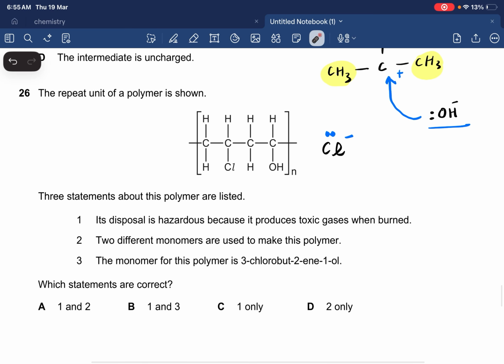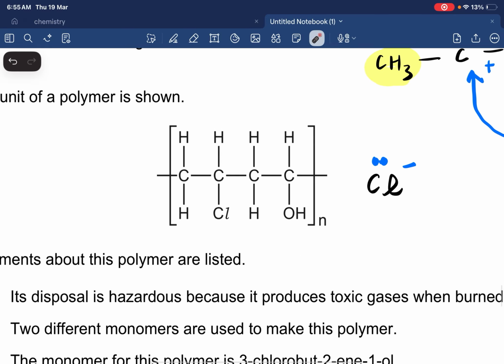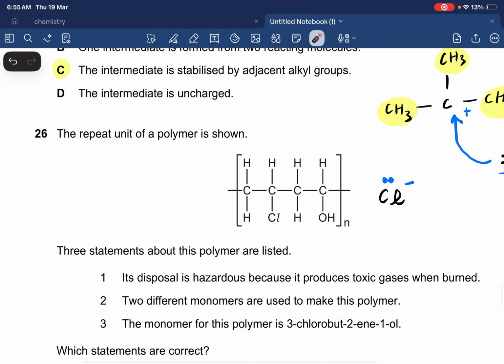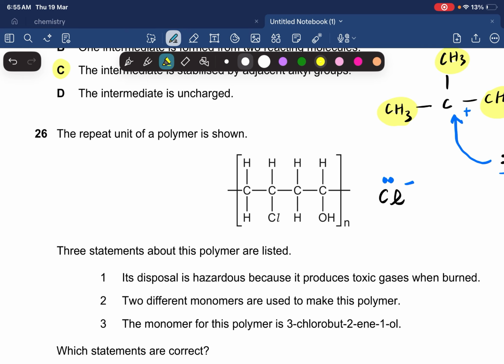The repeat unit of the polymer is shown. Three statements about this polymer are listed. So basically the repeat unit of a polymer is shown. If we see the repeat unit and make this double bond inside, there's going to be a double bond here. Then if we make this bond that's extending outside inside this, I think that it is made up of two monomers.